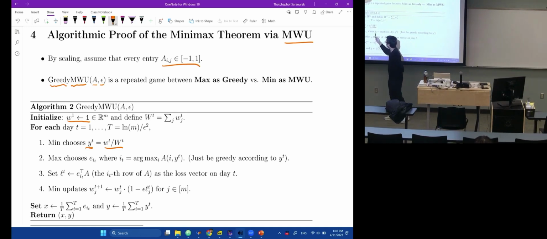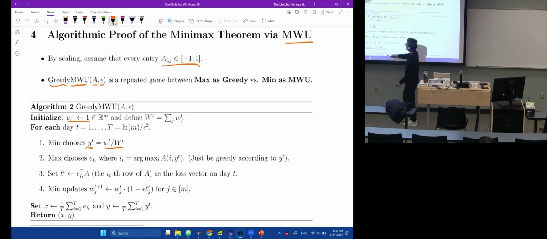So just choose i_t that maximizes this, and then the strategy here is going to be deterministic, e_{i_t}. Just be greedy according to y_t. So that's the strategy that both are going to play on each round.